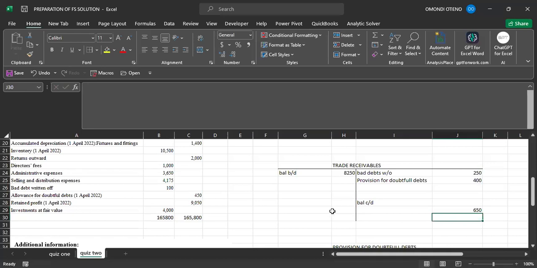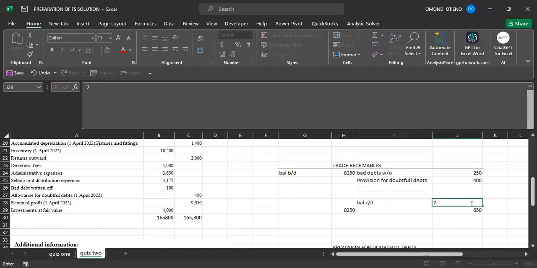What do I need to make this account balance here? Is it 7,600? Yes. So it means my trade receivables will be 7,600. Is it now clear to all of us? Please confirm.